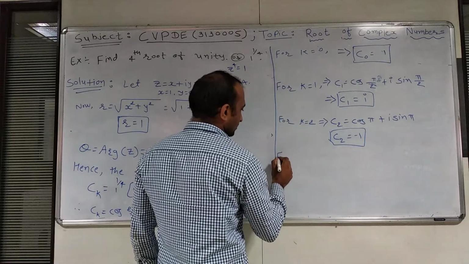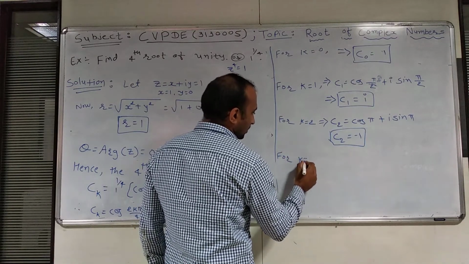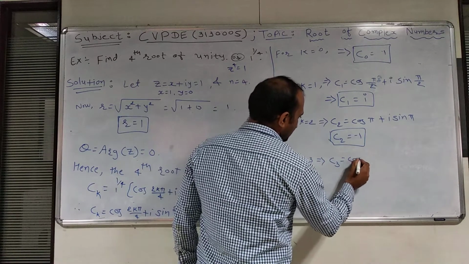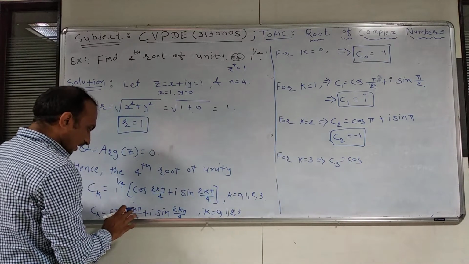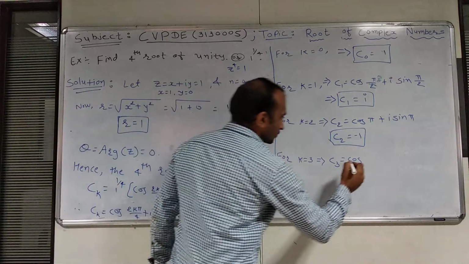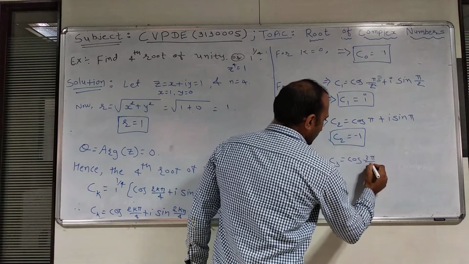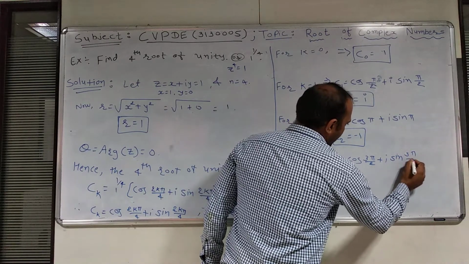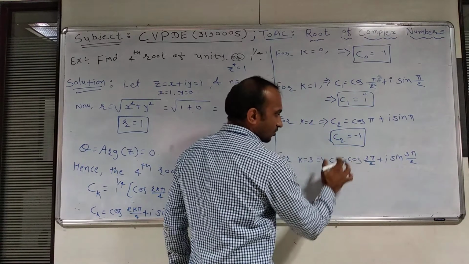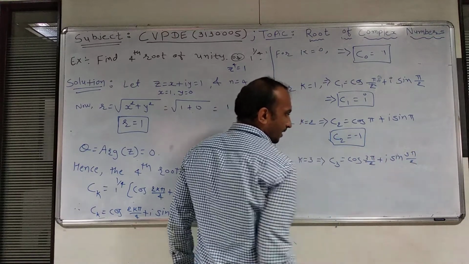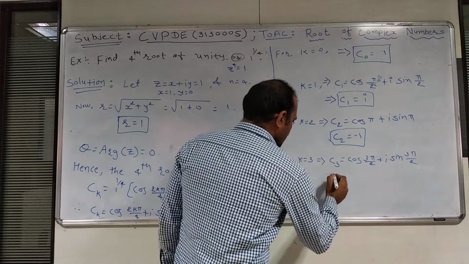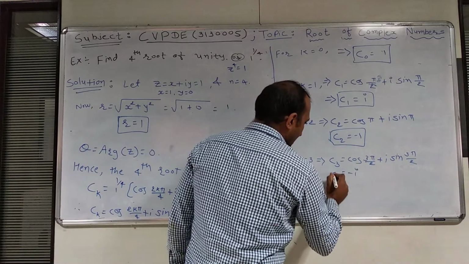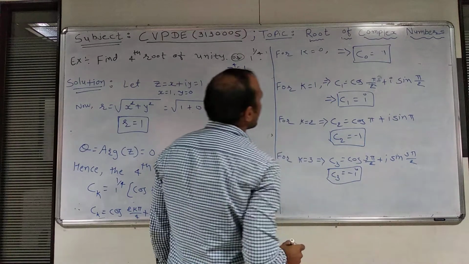And last, finally, for k equal to 3, c3 is cos, now with 3, the 2 cancels, so we get 3 pi by 2, so cos 3 pi by 2 plus i sin 3 pi by 2. Now we know that cos 3 pi by 2 is 0 and sin 3 pi by 2 is minus 1, so c3 is minus 1 into i, so minus i. So these are all our 4 roots.